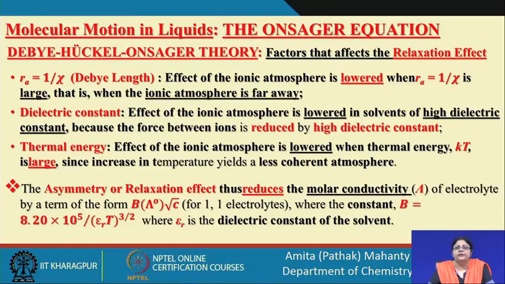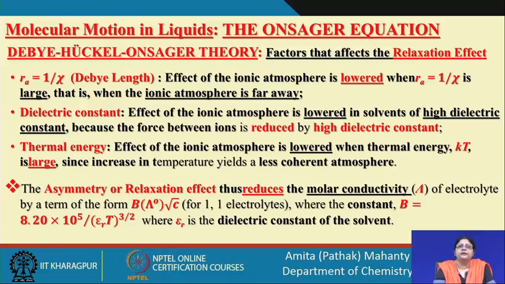So, the asymmetry effect and the relaxation effect thus reduce the molar conductivity. Whatever associated parameters we have, since they are going to affect the motion of the ions, they are hence going to affect the mobility, so the molar conductivity of the electrolyte. And how are these disposed?